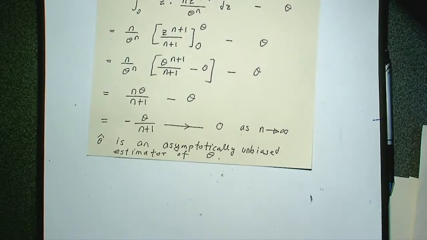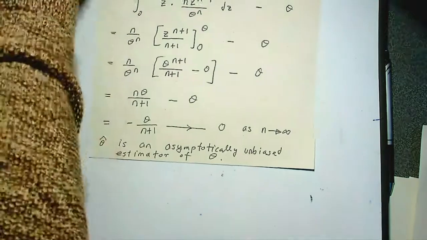That's because the bias is not equal to 0, but it does approach 0 as n approaches infinity. Okay, guys? Are you with me? So that's the first part.